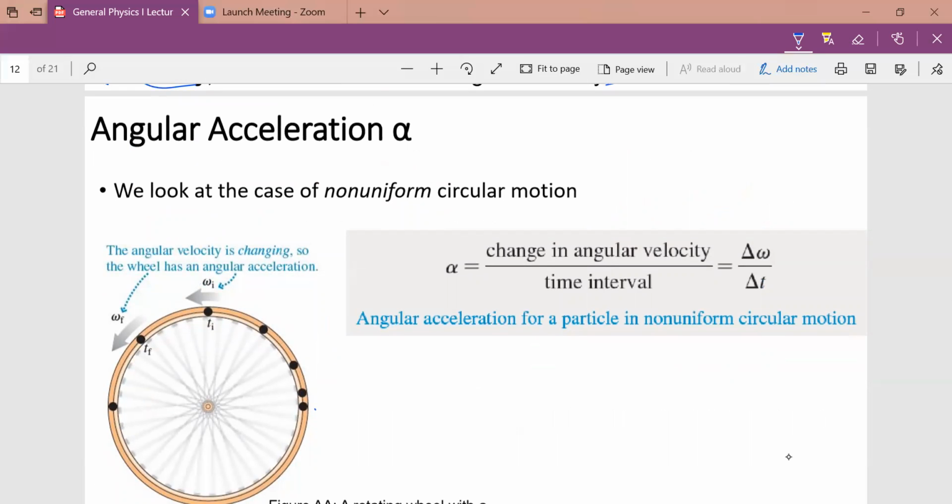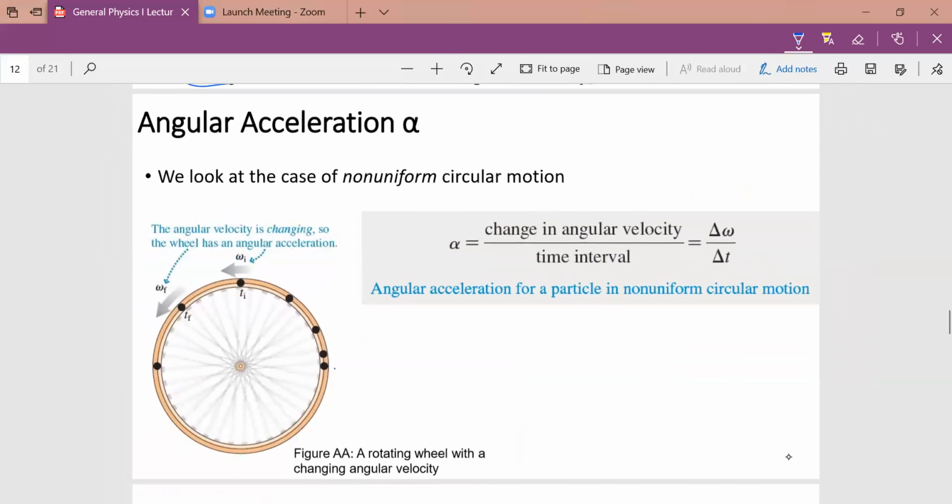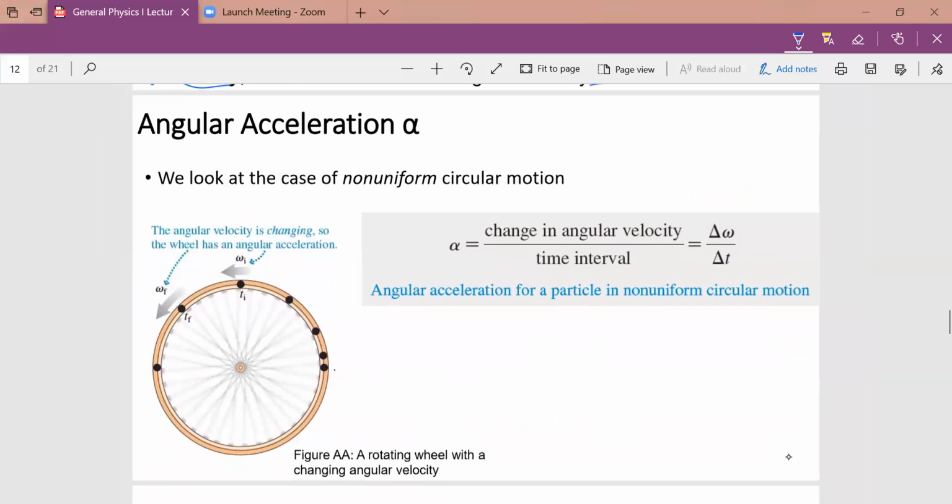Now, we have another term we want to look at today, which is called the angular acceleration. We use the angular acceleration in the scenario of non-uniform circular motion. It is a system where there's actually acceleration. Remember what you said about uniform motion: acceleration is zero, velocity is steady.